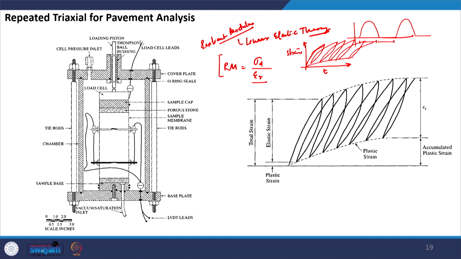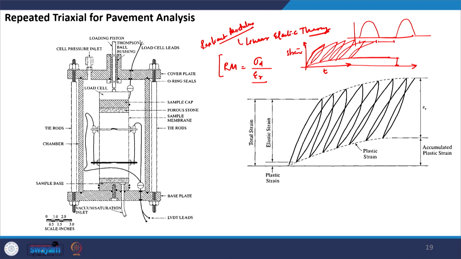After some number of repetitions, the plastic or permanent strain accumulated in the material becomes constant. This is when we use a lower value of stress for conducting the test.